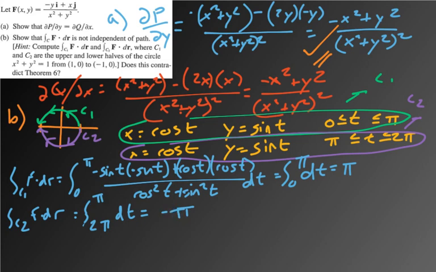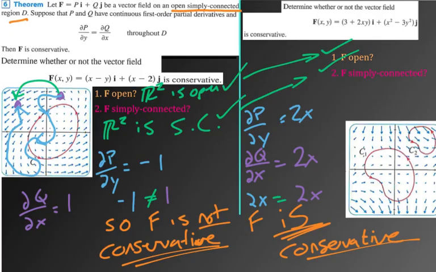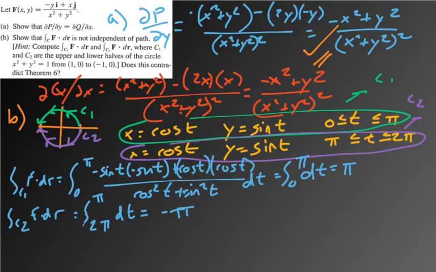So the weird thing is it looks like we are running into an issue, because it should be path independent if it's conservative, right? This was equal, so why is this not happening? Well, this region where this vector field is defined, which is super important, has a hole right at 0.